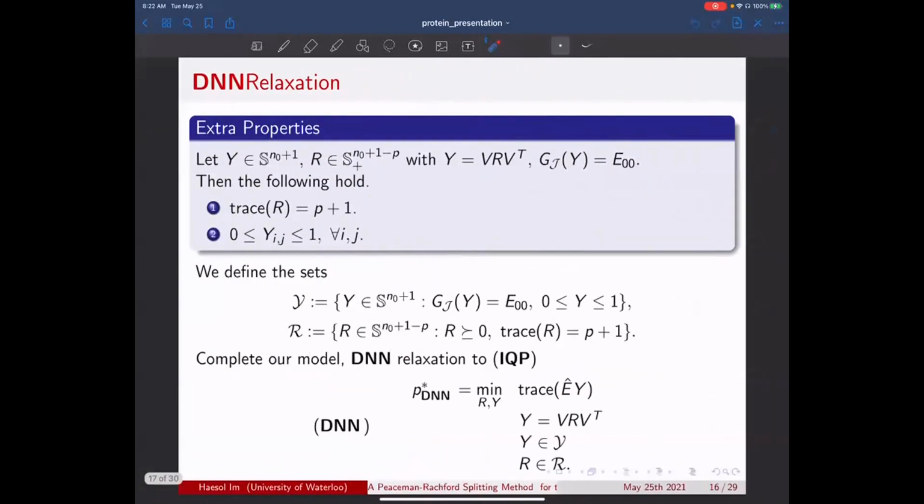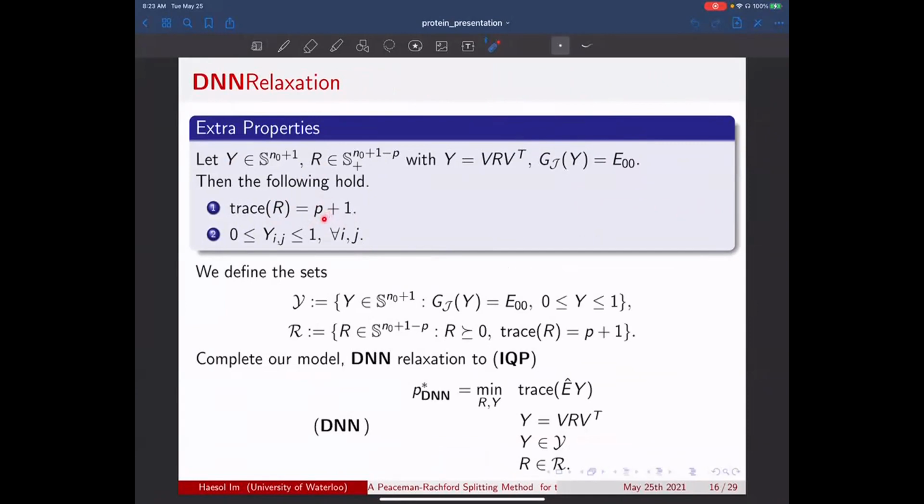Okay, now let's form a tighter relaxation, which is the doubly non-negative relaxation. Before completing our model, I will show a few extra properties of the model. Let's say Y and R form a feasible pair to our model. Then for the R variable, we can always show that the trace of R is equal to P plus 1.